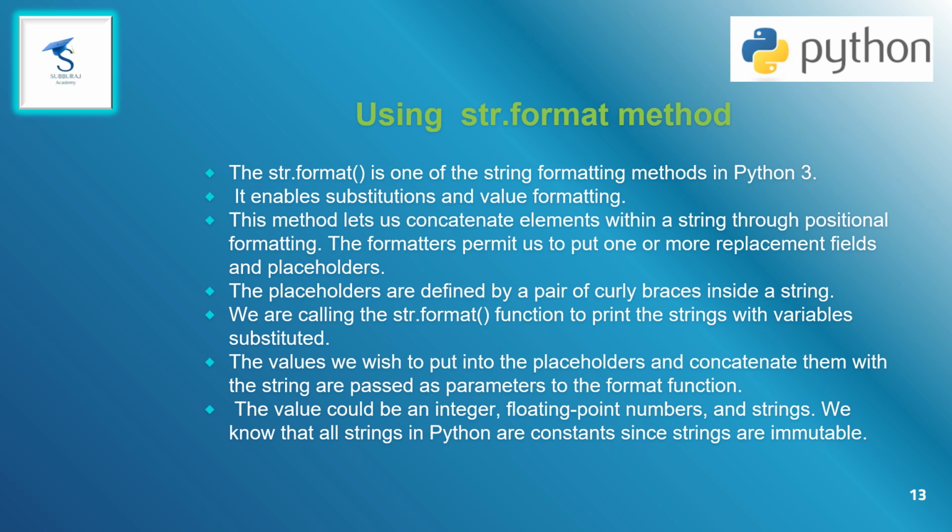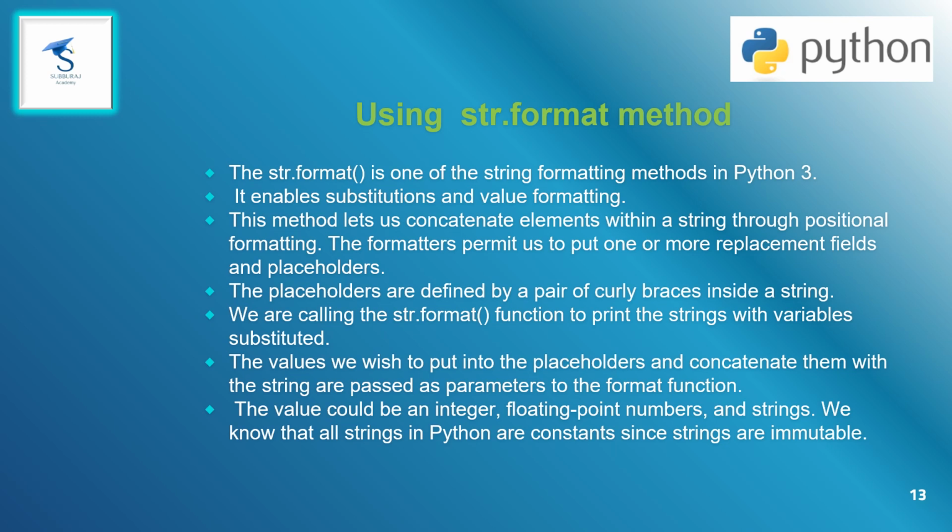The values we wish to put in the placeholders and concatenate with a string are passed as parameters to the format function. In the last one, we were passing variables to the format function. The value could be an integer, but there it can only be a string.